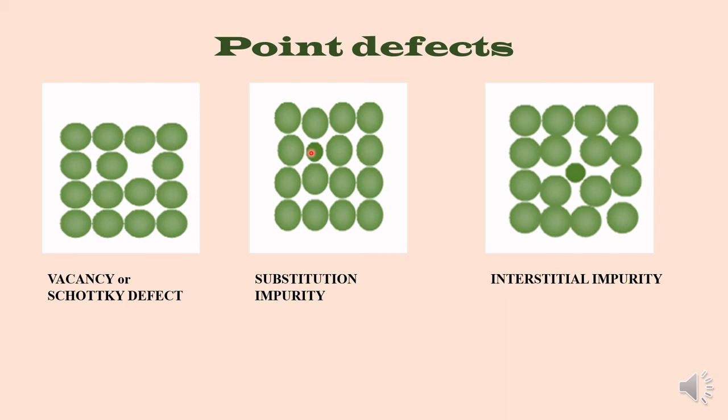When any non-silicon atom is incorporated into the lattice at the interstitial site, that means when this green non-silicon atom appears between silicon atoms and distorts the lattice structure, this is also another type of point defect, which is called an interstitial impurity point defect.